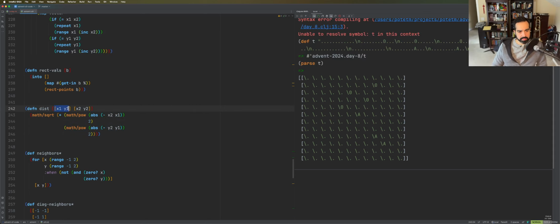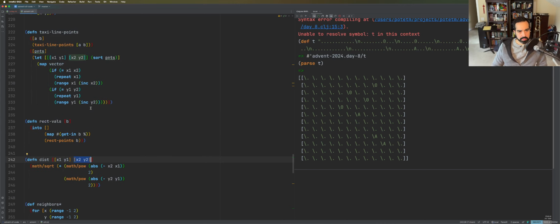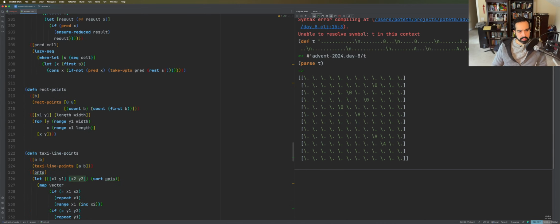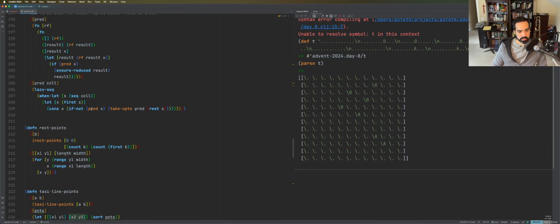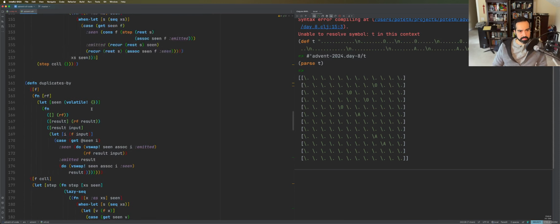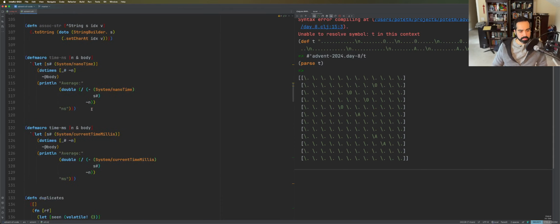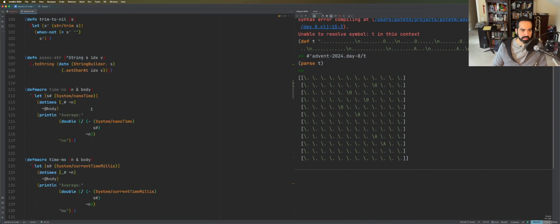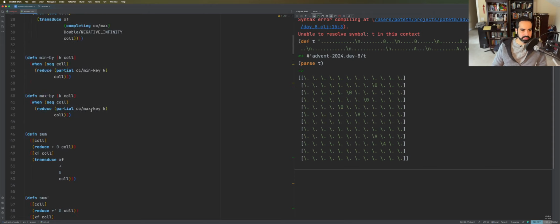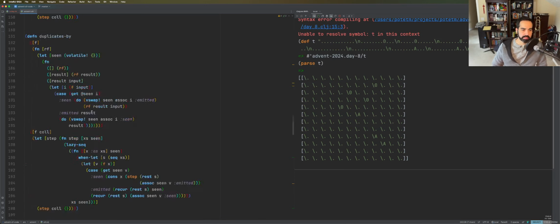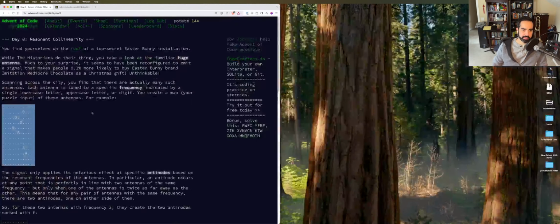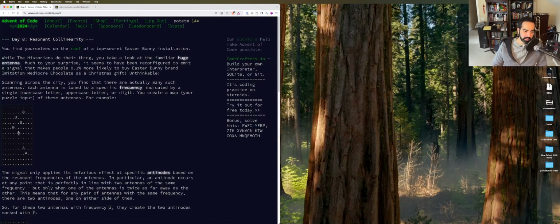The distance between 1,1 and 0,2. Erect points, taxi line points. So I'm looking for, we have a line that is not a taxicab line, right? Not a taxicab traversal. Taxicab on a grid only goes up and down like this.